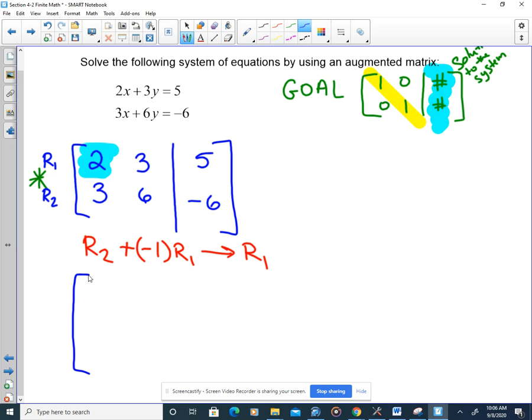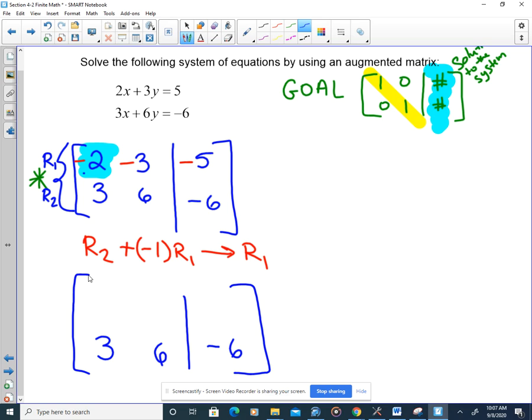So what we have here is row 2 staying the same. So just bring down row 2. We're not changing it. So what am I doing? I'm taking -1 times row 1. So if you multiply row 1 by -1, it's just going to change the signs of everything in row 1. And then what we're going to do is add this new row 1 to row 2, and that becomes our new row 1.